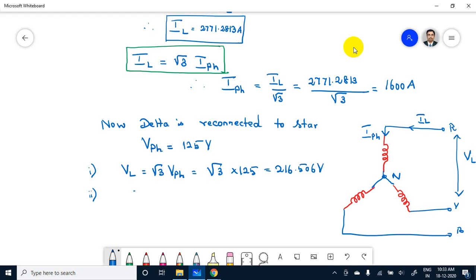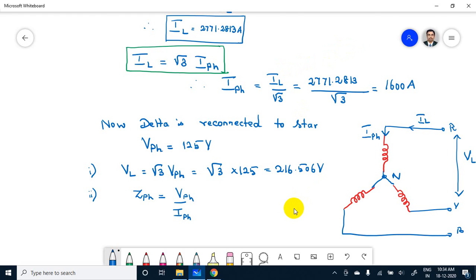We know the phase impedance, Z phase. What is the formula for impedance in terms of voltage and current? Impedance Z is equal to the ratio of voltage divided by current. So V phase divided by I phase.